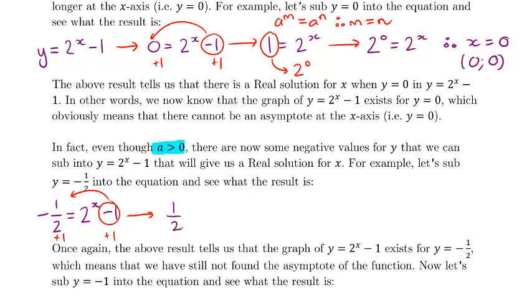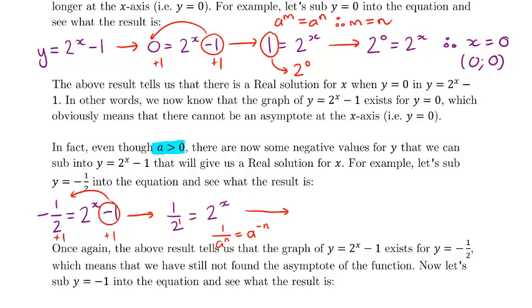We get 1 over 2 is equal to 2 to the x over there. This is basically 2 to the x with an invisible 1 on the bottom of this fraction over here. So I hope you're thinking, I know that exponent law, guys. I can take 1 over a to the n and say that it's equal to a to the minus n over there. So what are we going to do over here?